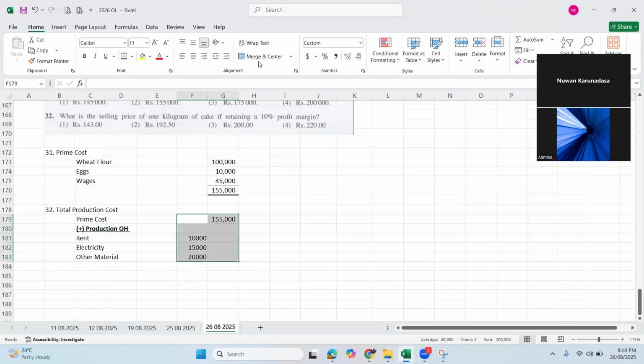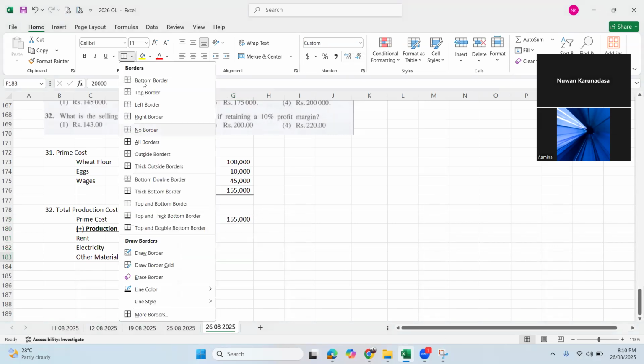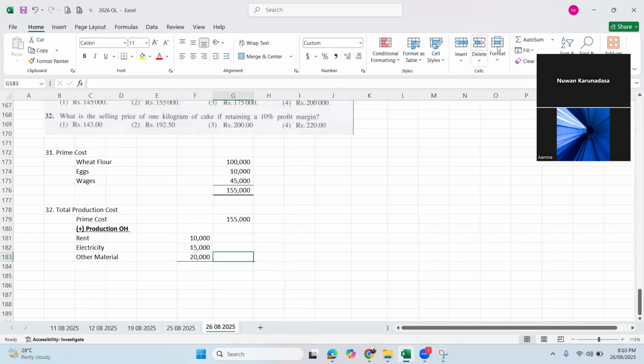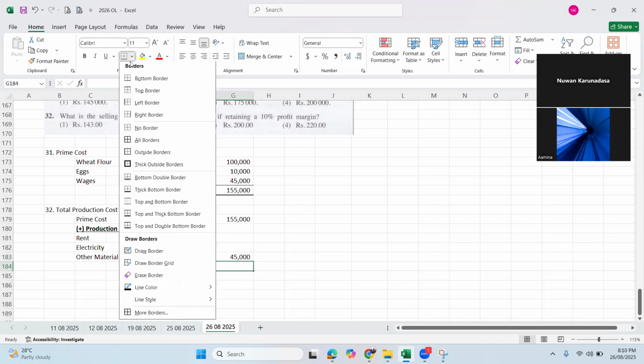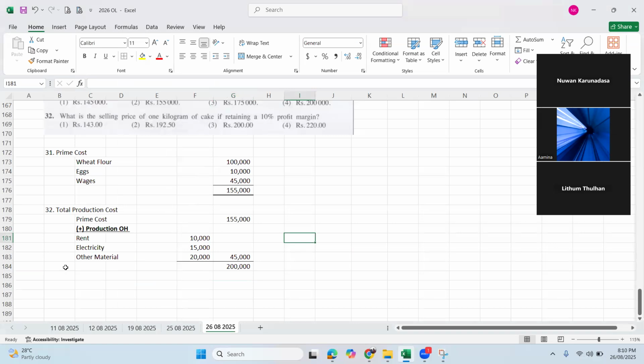Once you add the production overhead, this is the total production cost.